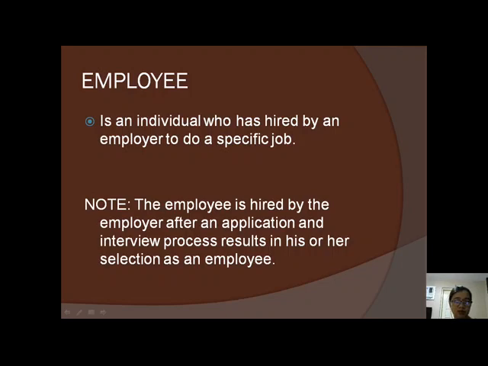Okay. So during the recruitment and selection process, you're still not an employee, but you will now become an employee if you are, of course, accepted and you already signed the employment contract. So the employment contract governs the relationship between the employer and employee. In your employment contract, the provisions or conditions are stated. Okay.